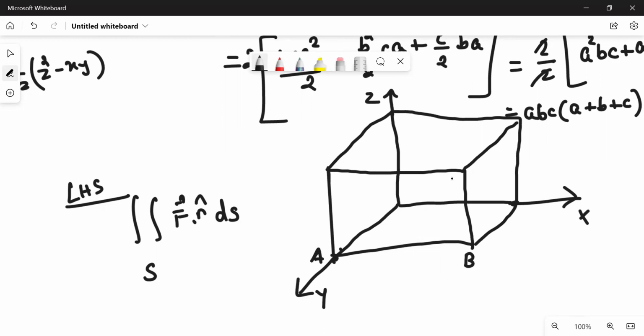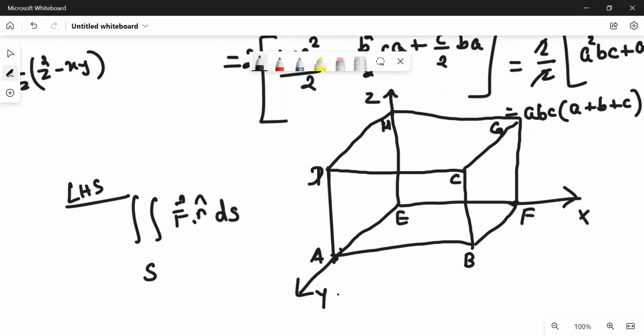We can mark with any alphabet. A, B, C, D, E, F, G, H. I give the marking for the edges so that I can take different surfaces. Okay, this is rectangular parallelepiped.